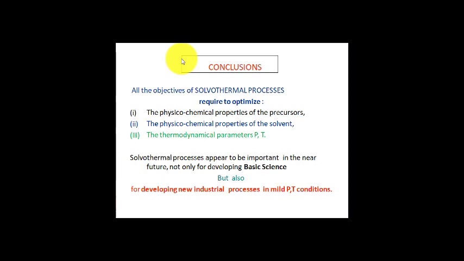So to carry out a chemical reaction through the hydrothermal method, we must optimize these conditions. Solvothermal processes appear to be important in the near future, not only for developing basic sciences but also for the development of new industrial processes in mild conditions of temperature and pressure.